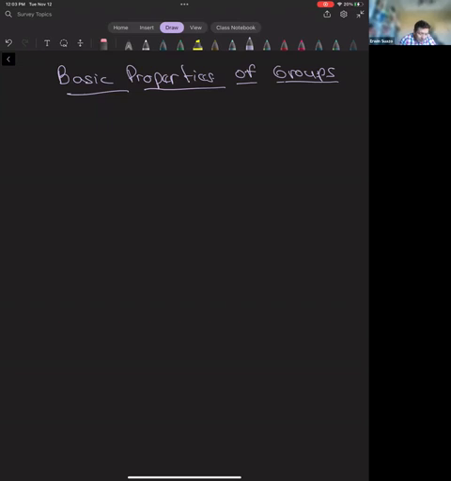Okay, so first proposition. The identity element in a group G is unique.